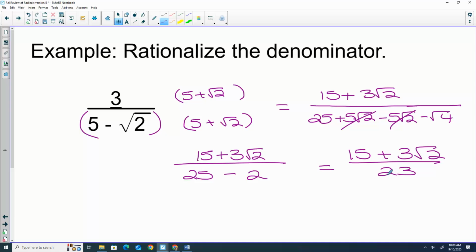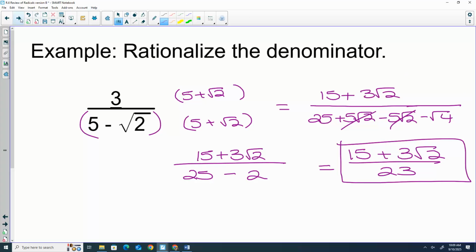For instance, if I had 27 on the bottom, I could divide every term by 3, but here we cannot. So that's the final answer. Any questions on this? Do we need more like that?